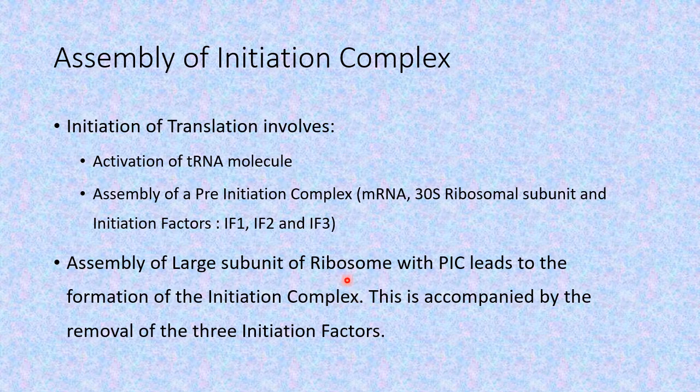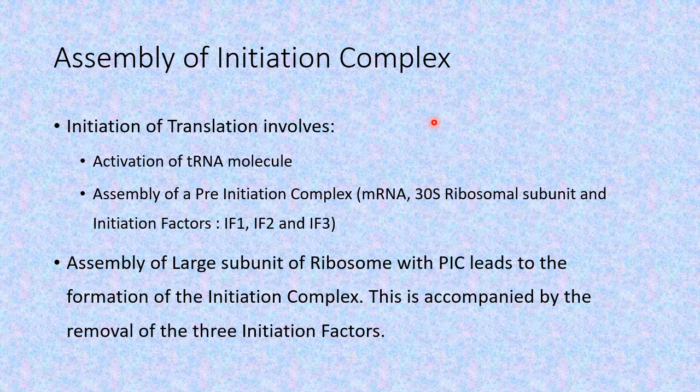Now, at the time of initiation of the translation process, first of all, the transfer RNAs that are present in the cell system have to get activated, they have to get charged, because we know that each transfer RNA has a specific anticodon.